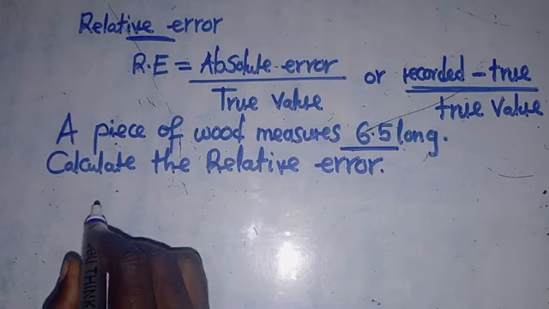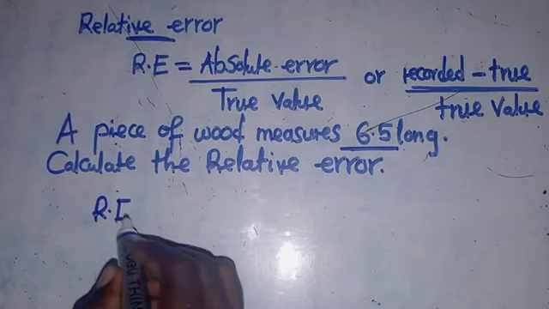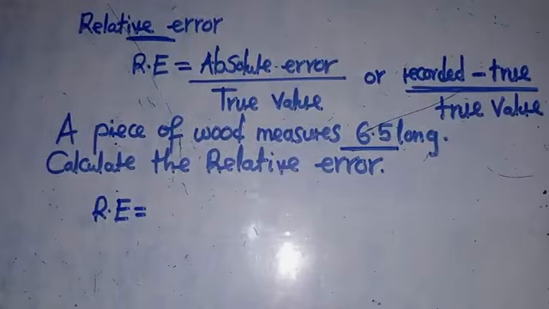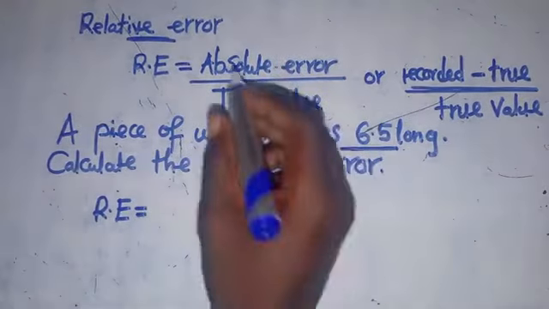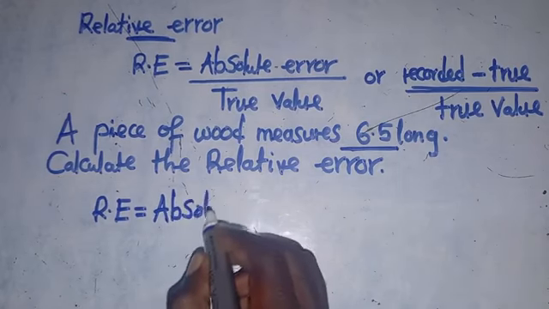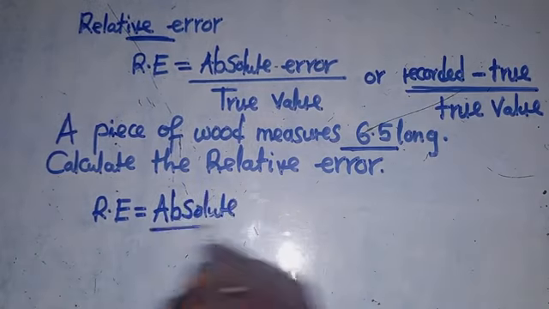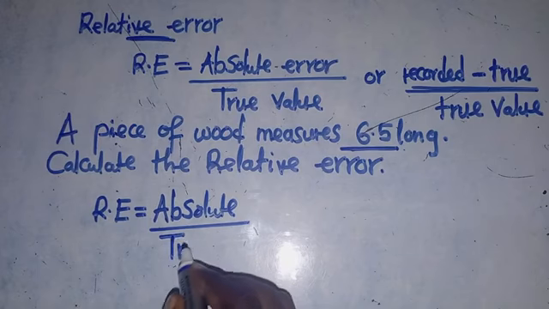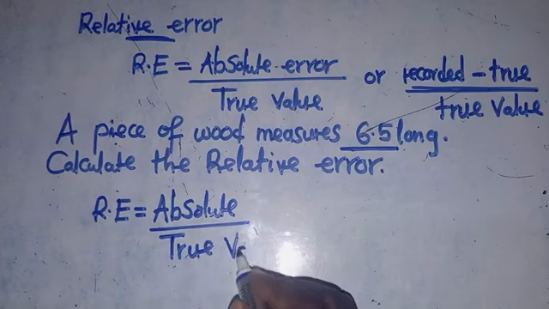So we say relative error is equal to, first of all, we write the formula, which is absolute error over true value. This is what we are given.